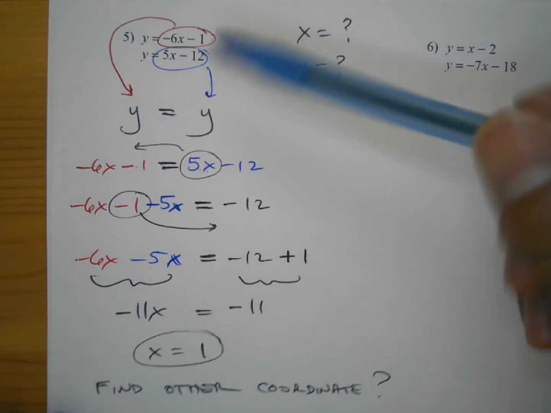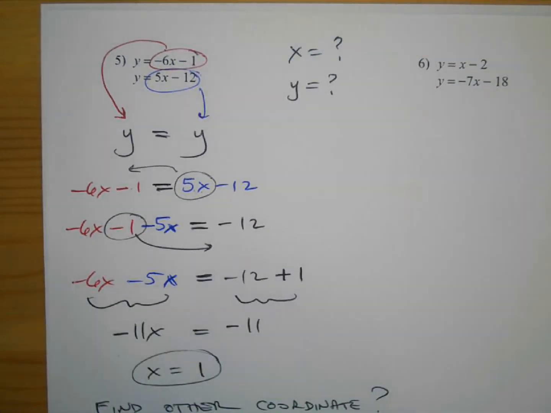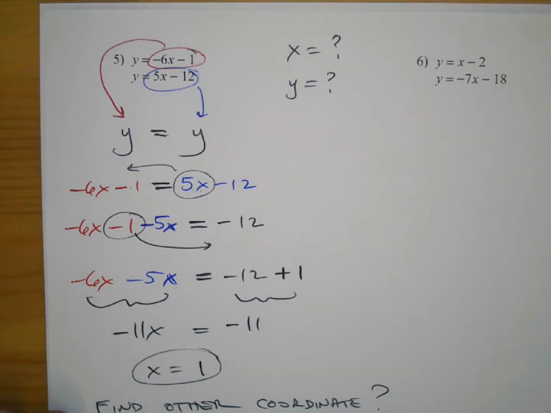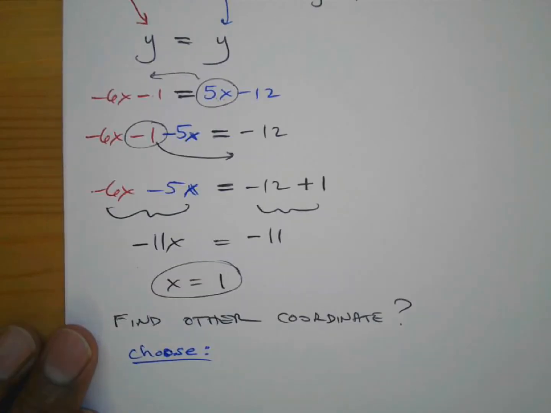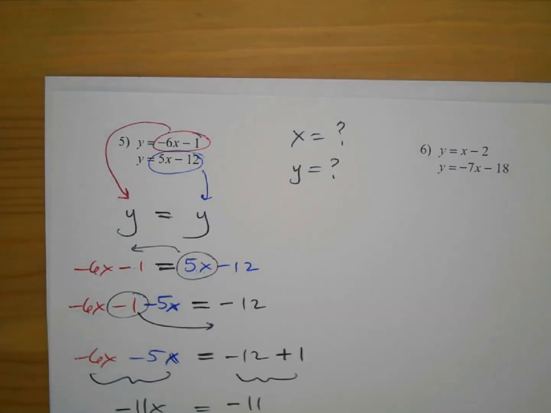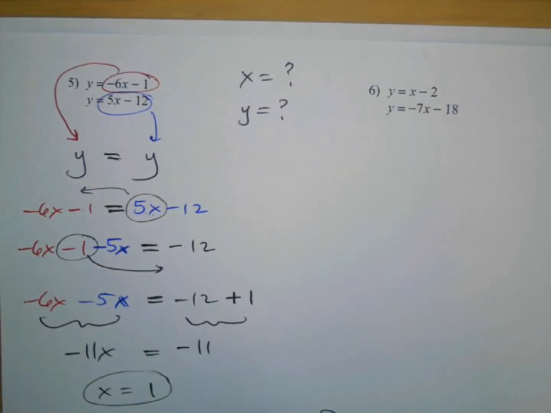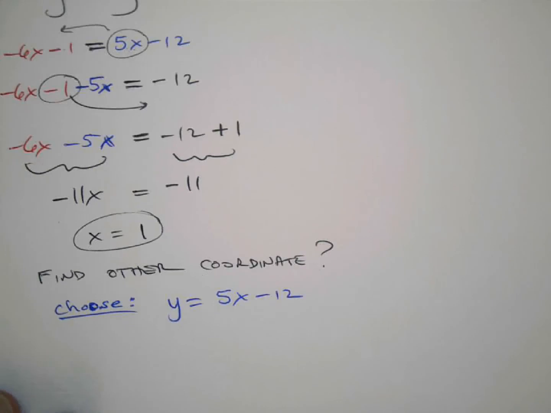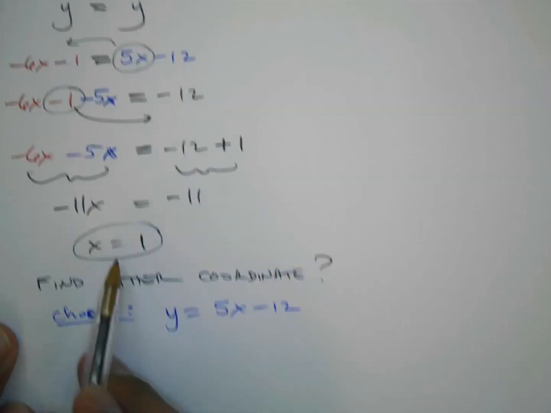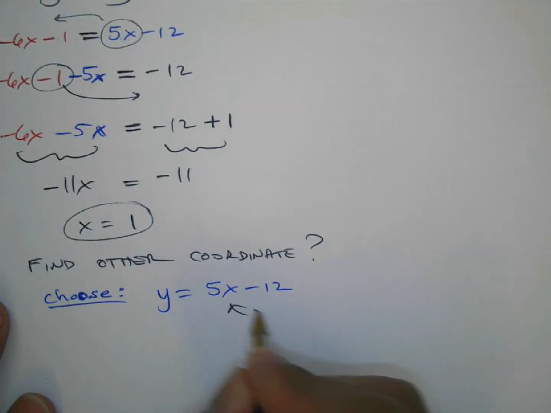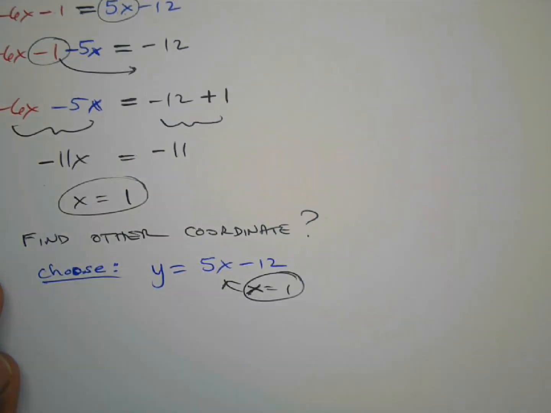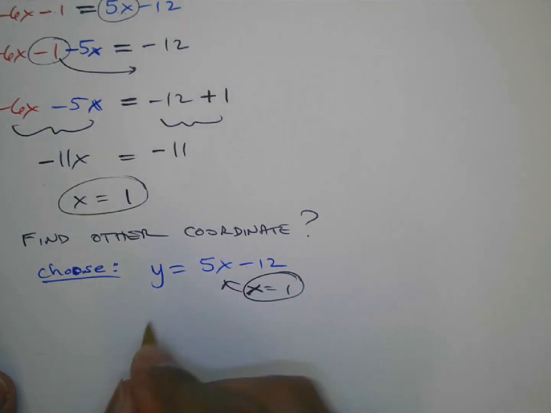Remember, you've got to go back up here and choose an equation to work with. Choose one of these, whichever one you think looks easier. Okay, so y is equal to, I'm going to choose, 5x minus 12. And I just found out right here that x is 1. So you put 1 right here, 5 times 1.